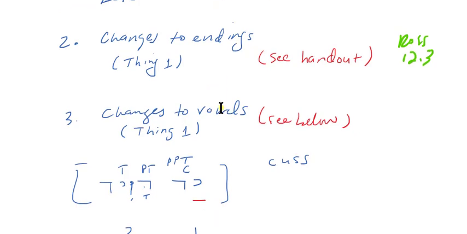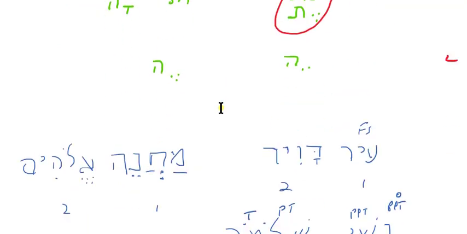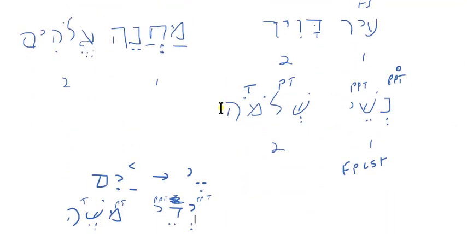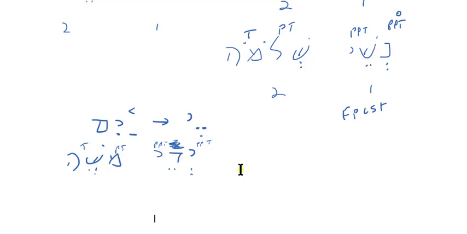So let's start walking through Ross chapter 12, 12.4. This is where we walk through everything. Okay, so 12.4. This is on page 101.